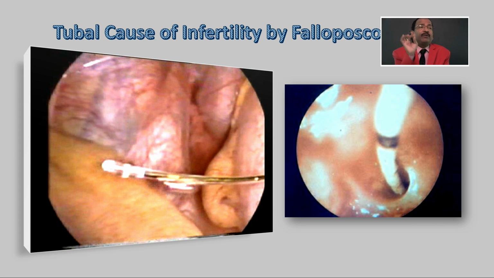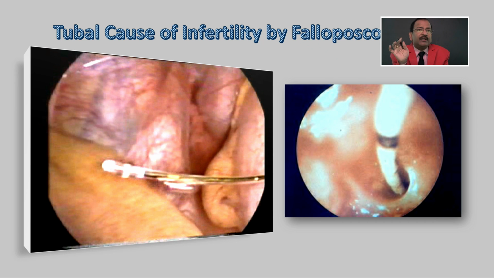Because their tube will be patent completely, but it is a lead pipe like patent. They don't have cilia, because smoking kills the cilia everywhere, not only in the trachea and bronchioles, it will kill the cilia everywhere. So the cilia are dead. If cilia are dead, there will be no chemotaxis to bring the egg and sperm together to fertilize in the tube.